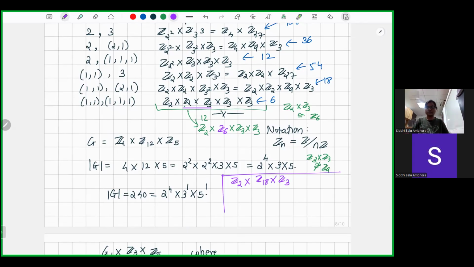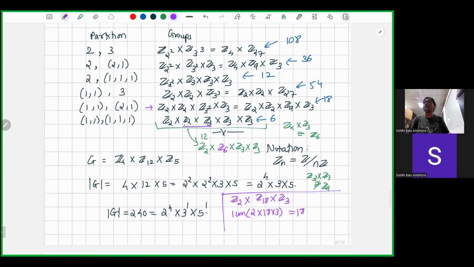Here the cardinality will still remain the same, but which among these groups will be isomorphic to this group Z2 cross Z18 cross Z3? Only this one, right? Because here the LCM of 2, 18, 3 is 18, and none of the other groups have that exponent.